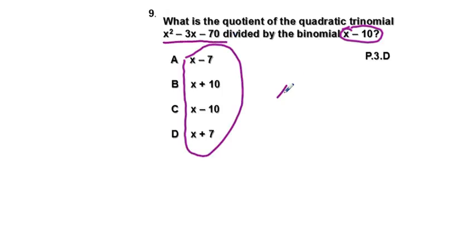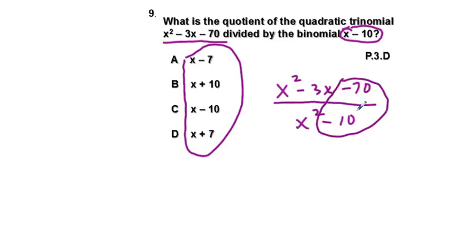Our last term is going to be negative 70 divided by negative 10. What's negative 70 divided by negative 10? 7. So based on that, D is our only possible correct answer.